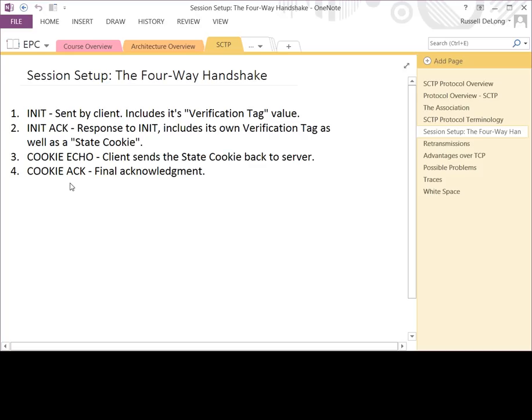It's intended to prevent one of the bigger limitations of TCP, which is its vulnerability to SYN flooding. That is, if a malicious system sends a large number of initial TCP session setup messages called SYN messages, you can end up filling up the state table of the receiving system.